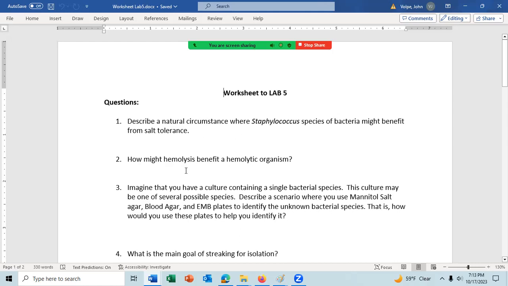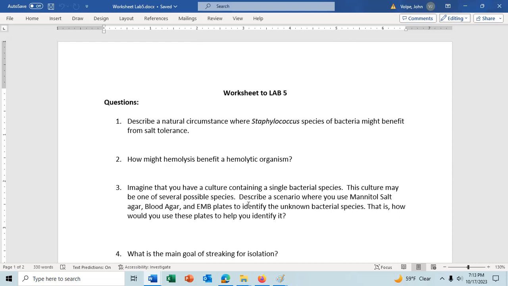And 2, how might hemolysis benefit a hemolytic organism? So we have a bacteria that can lyse red blood cells. How would that benefit the bacteria? 3, imagine that you have a culture containing a single bacterial species. This culture may be one of several possible species.